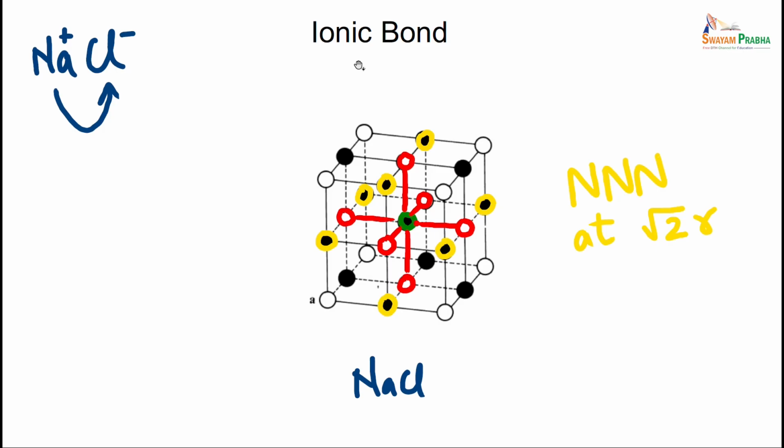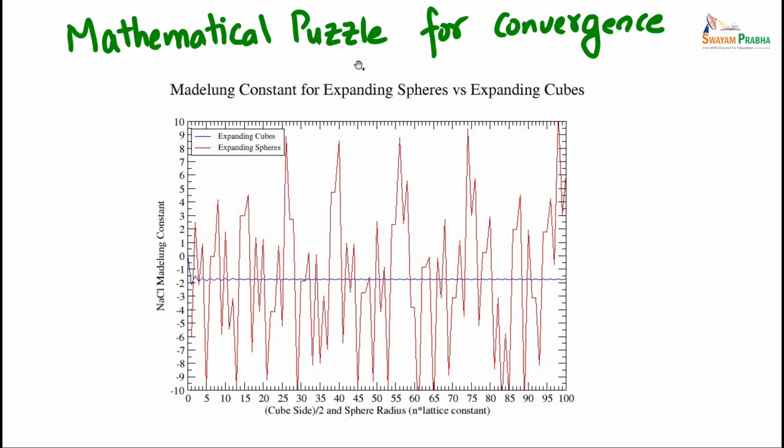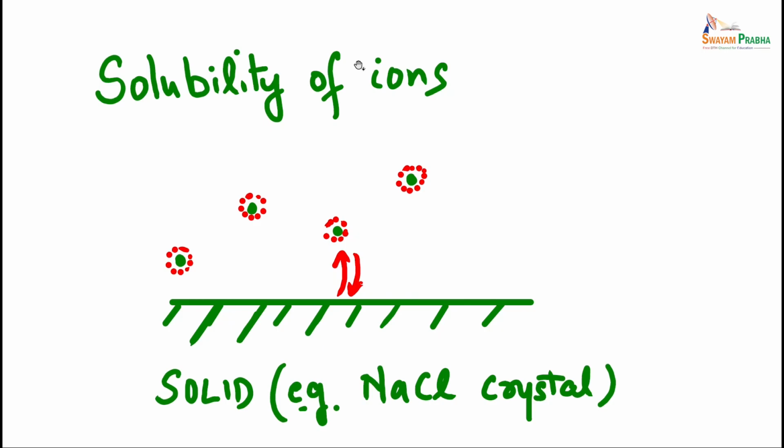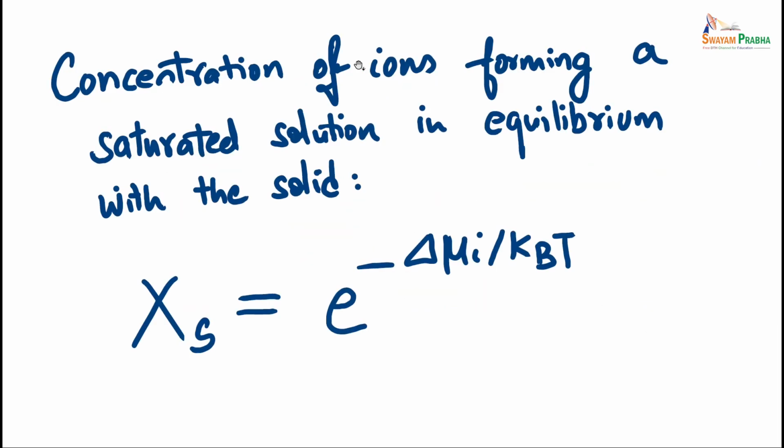Just write down a simple series which will look like this: 6 neighbors at a distance r, 12 neighbors of the same sign at distance root 2 r, 8 neighbors of different sign at root 3 r, and so on. And you will get something which oscillates very rapidly and doesn't converge. So the solubility of ions is understood, why a sodium chloride crystal can dissolve. I'll skip some parts here.